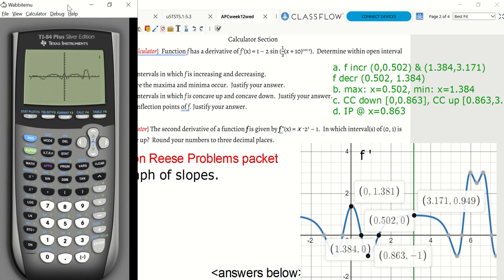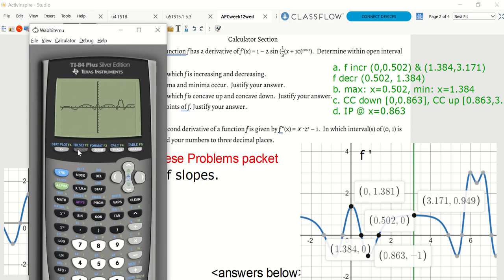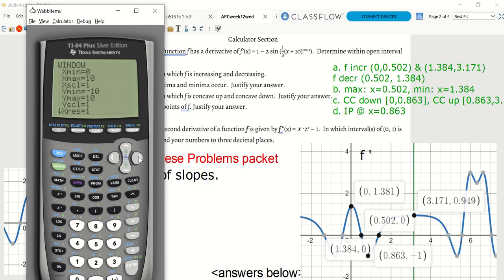Now it says the open interval of 0 to pi, so what I'm going to do is set my window of x min to 0, x max to pi, and I'm going to go graph. That basically takes our graph from the black to the green line over here.